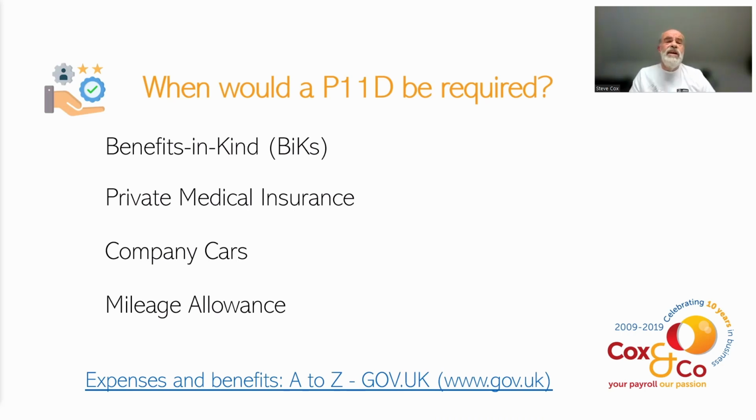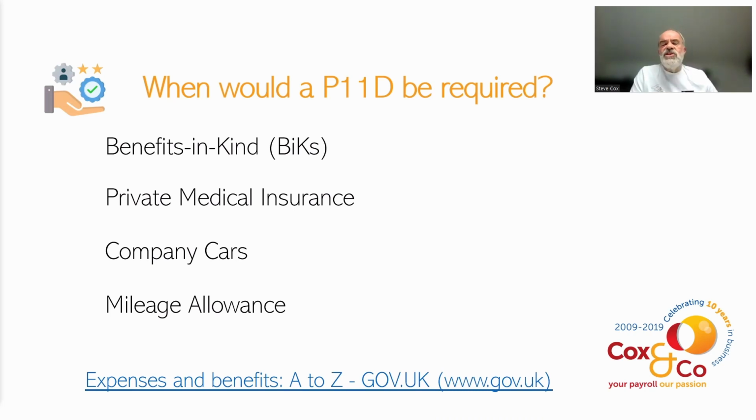Mileage allowances are taxable once they exceed the approved mileage rate, so above 45 pence, or 25 pence after 10,000 miles. If you receive a payment in excess of that, so if you get £1 a mile, for example, then the excess over the approved mileage rate would represent a taxable benefit and would be recorded on your P11D and dealt with when we submitted it to HMRC.